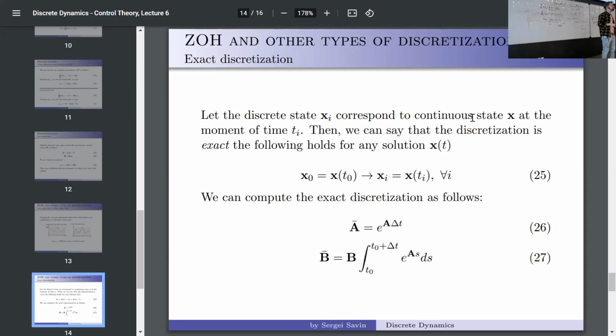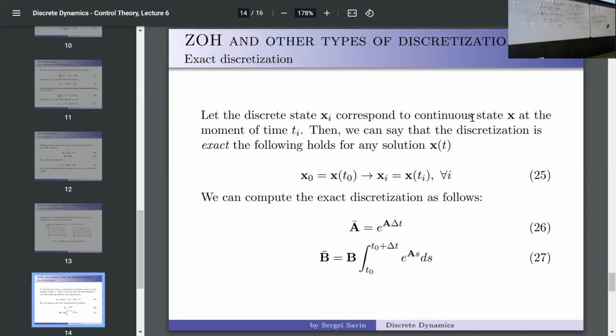It doesn't matter what my current slope is. Maybe my current slope is very high, and if I compute zero order hold, I will be somewhere else. Doesn't matter. Precise discretization will look at the whole trajectory all the way to here, and will give me such a matrix that after one step I will land here. That is the idea. Those are the formulas.